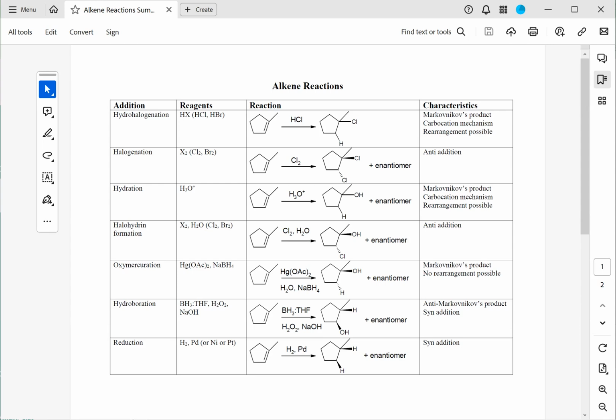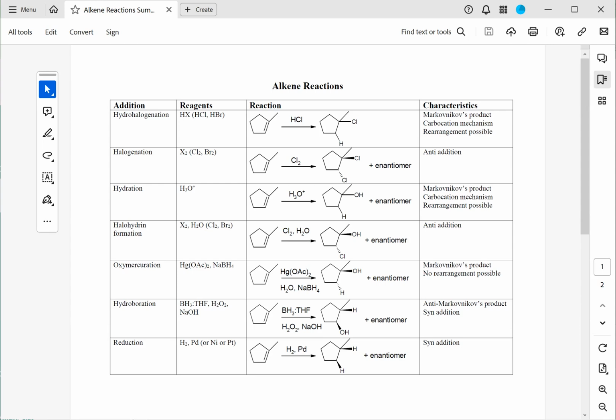If you think about the hydrohalogenation, the first reaction that we learn in alkene reactions, this is actually making an alkyl halide, right? Which is then used for substitution reactions.